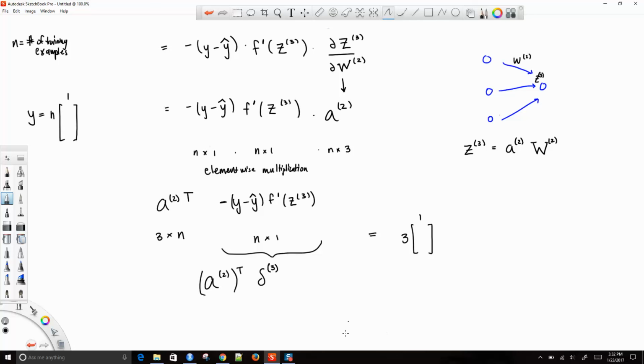So this is the derivative of our loss function with respect to our matrix.